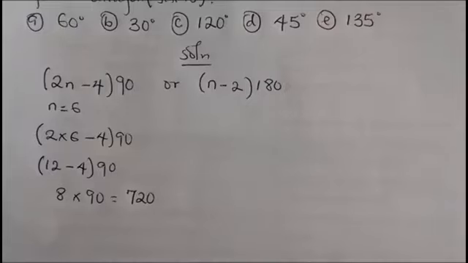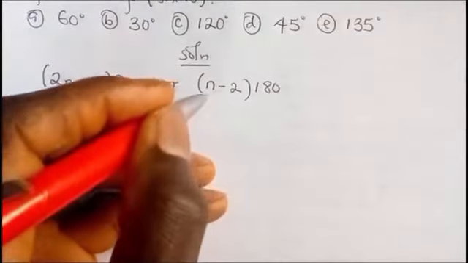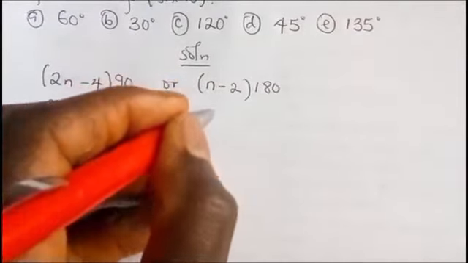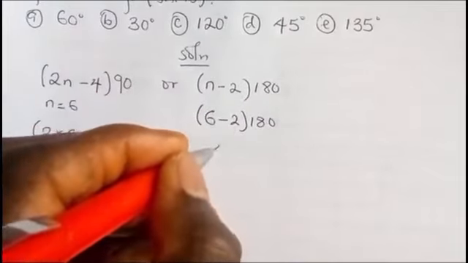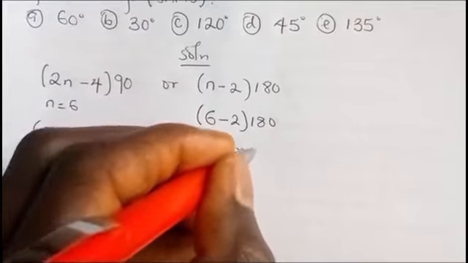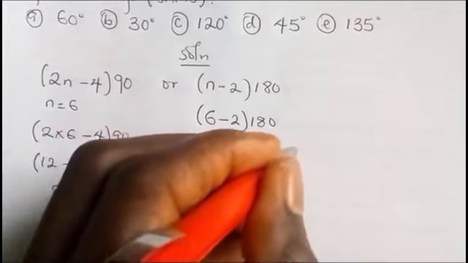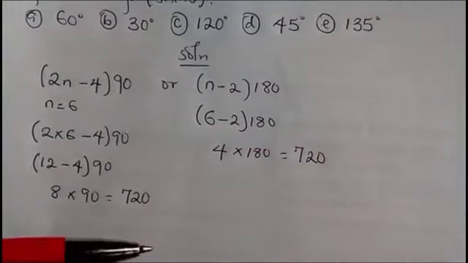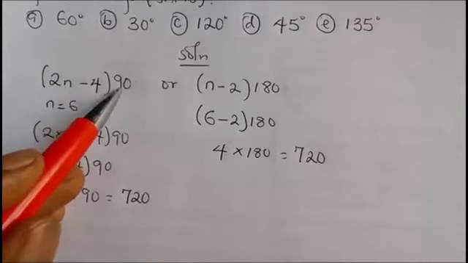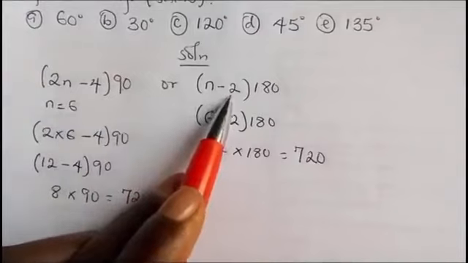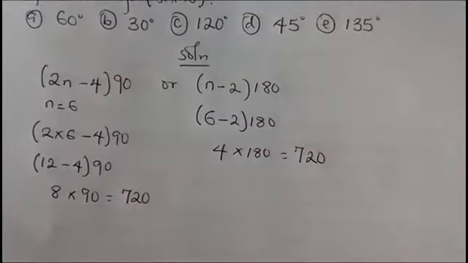720. Similarly, if you are using this formula, it's going to be (6 minus 2) multiplied by 180. 6 minus 2, we have 4. 4 multiplied by 180, we have 720. That is the sum of interior angles. Anytime you are asked to calculate the sum of interior angles, you can either use this formula, (2n minus 4) multiplied by 90, or (n minus 2) multiplied by 180.